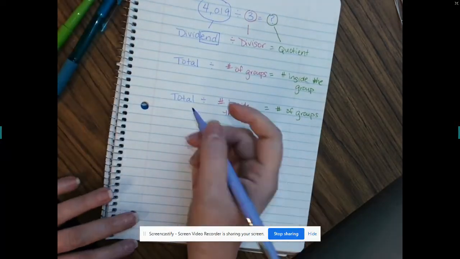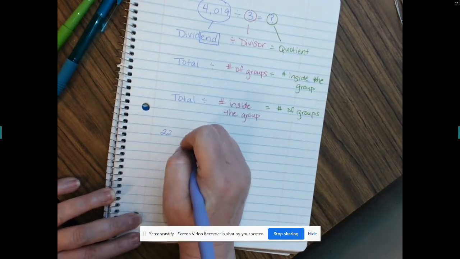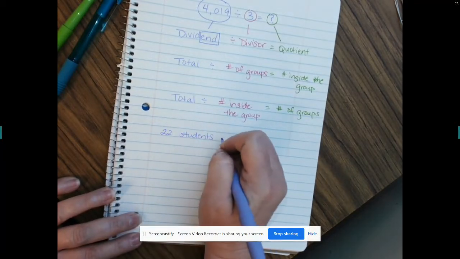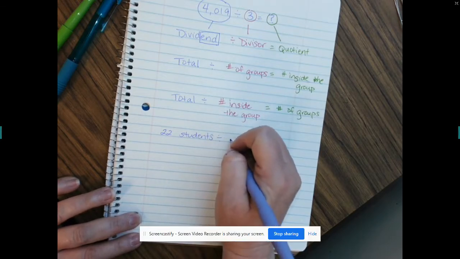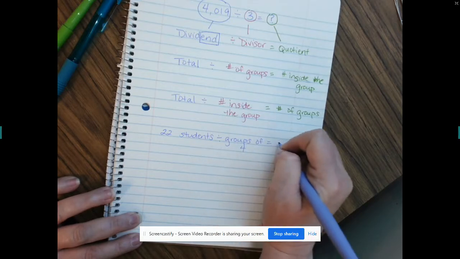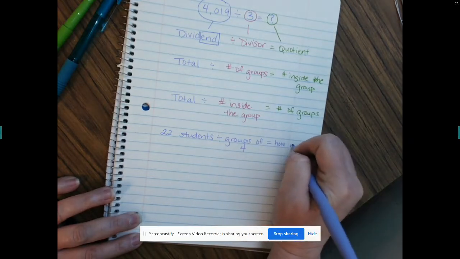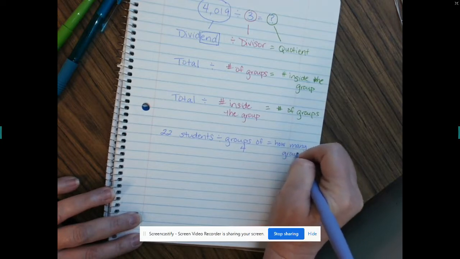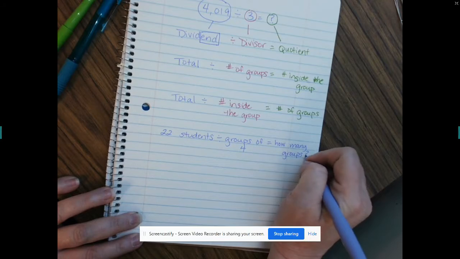So, for example, I could have 22 students, and I want to put them into groups of 4. How many groups will I have? How many groups can I make?